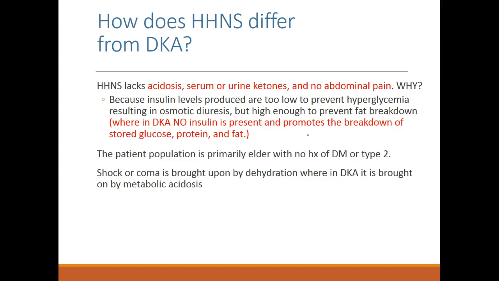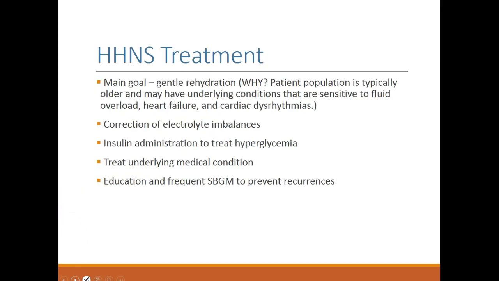The patient population is primarily going to be elderly, again, with no history of diabetes or type 2. Unfortunately, shock or coma is brought on by dehydration with HHNS or HONK, whereas in DKA it is brought on by metabolic acidosis. Treatments are very similar to that of DKA.